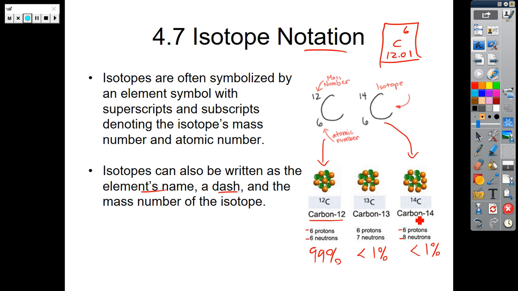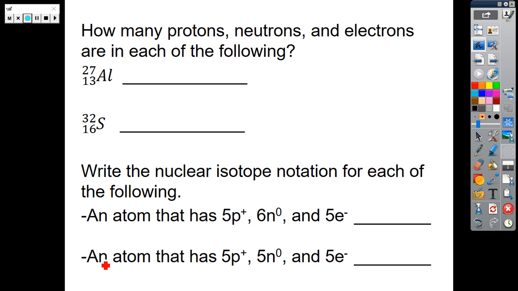So if you're going to talk about different versions of carbon, the most important piece of information is going to be the mass number. So you just write the element name and a dash, and that number after it would be the mass number.